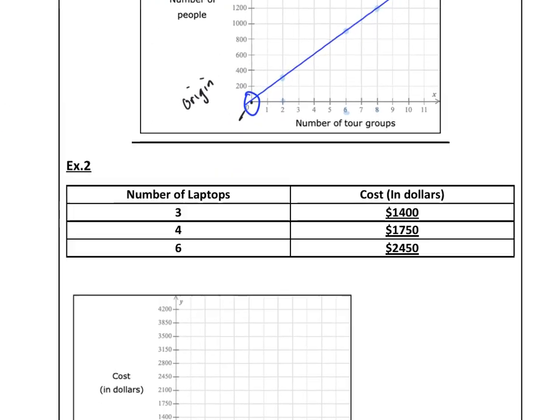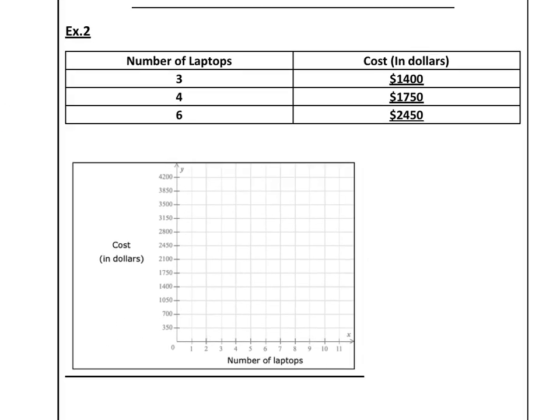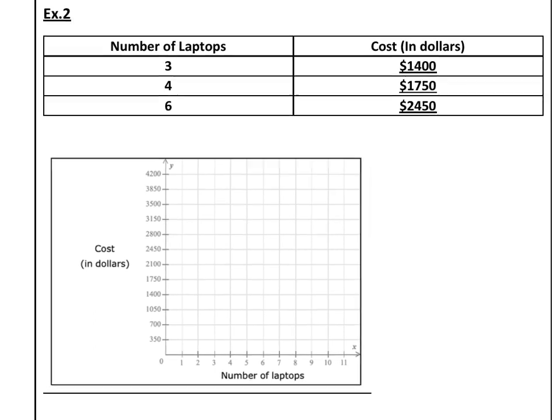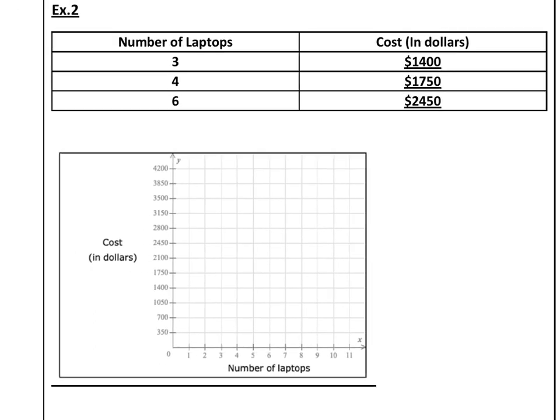Okay, let's look at this one. Here's a relationship. Now let's graph it, see what we see with the graph, and then let's see if it's proportional by doing our, we're going to say that we're going to have dollars per laptop. Okay, so graph this out. So again, this is our x, right? And this is our y.